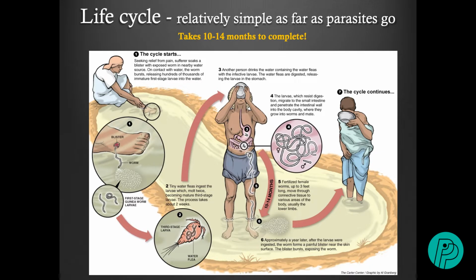So the life cycle, in terms of parasites, is relatively simple. You've got that female that emerges from the leg or extremity and releases larvae into the water, where they're ingested by copepods. They molt twice to the infective stage.